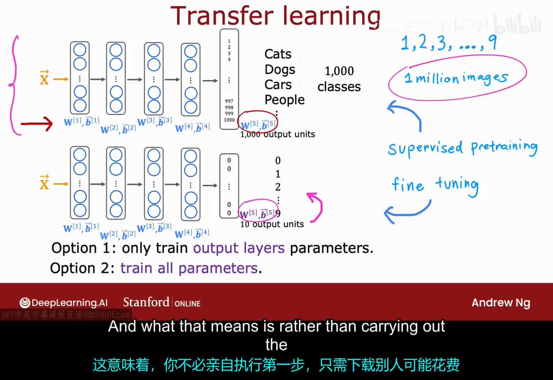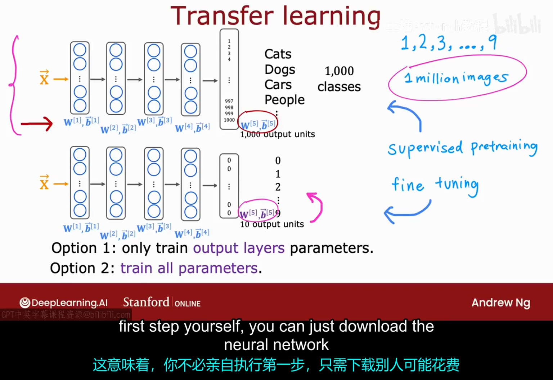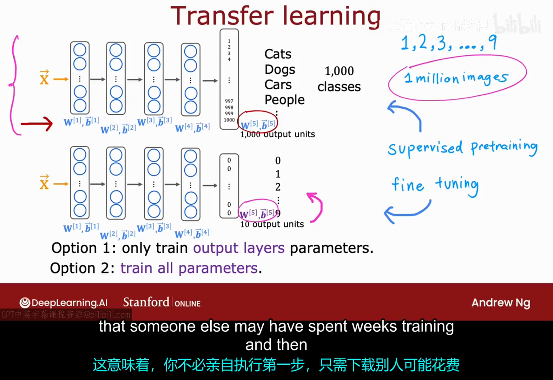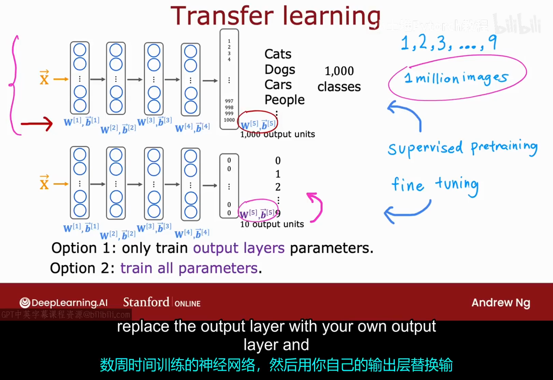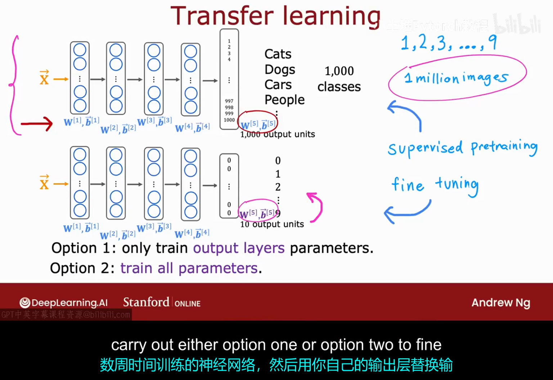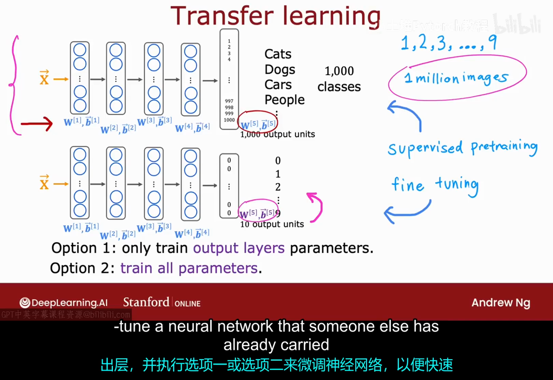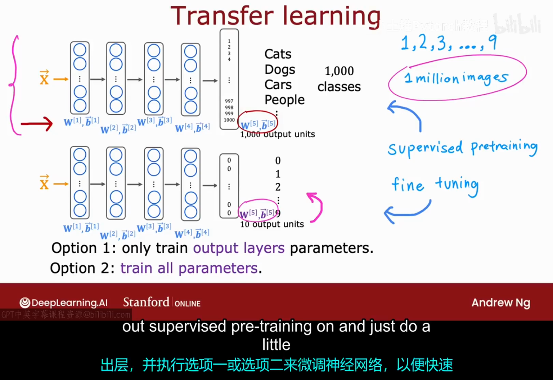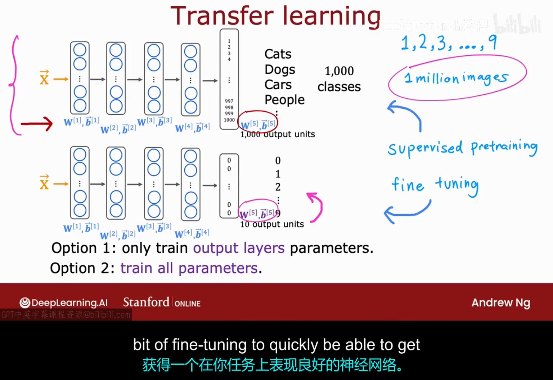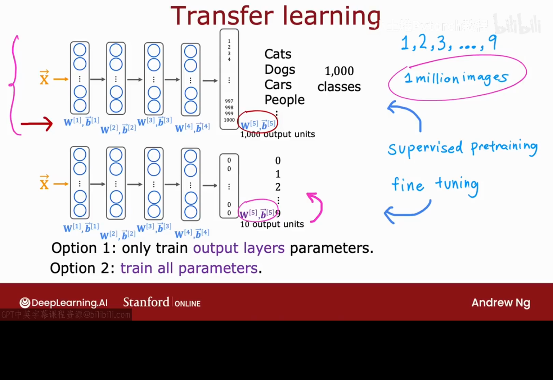And what that means is, rather than carrying out the first step yourself, you can just download a neural network that someone else may have spent weeks training and then replace the output layer with your own output layer and carry out either option 1 or option 2 to fine-tune a neural network that someone else had already carried out supervised pre-training on, and just do a little bit of fine-tuning to quickly be able to get a neural network that performs well on your task.